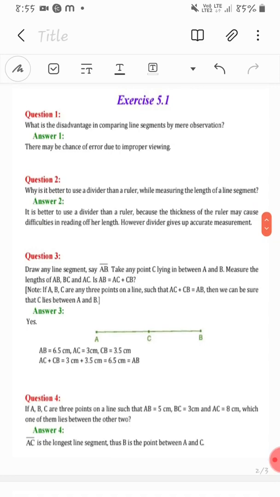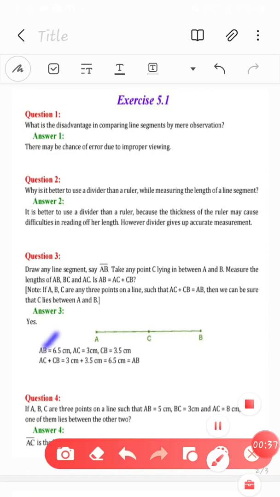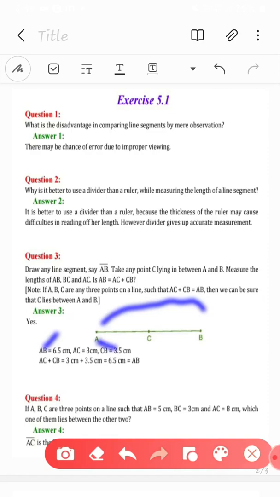Like we have drawn this line segment, and here the measurement of AB is this much. We have taken 6.5 and AC is 3 centimeter, therefore CB is obviously 3.5 since AB in total is 6.5. Now we can say that AC plus CB is equal to 6.5.